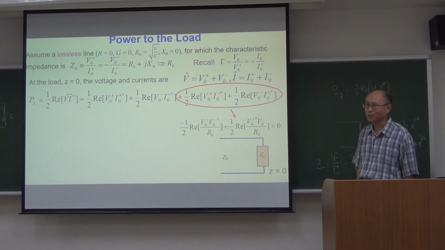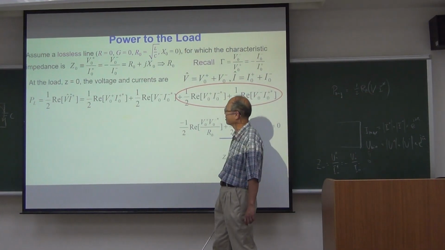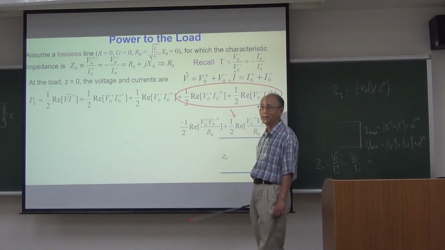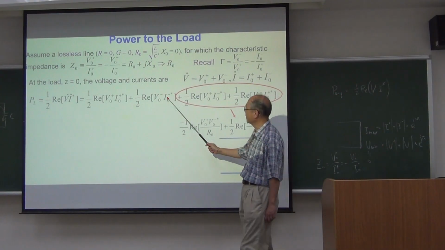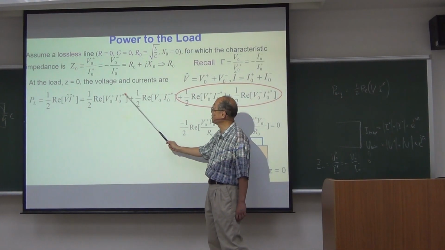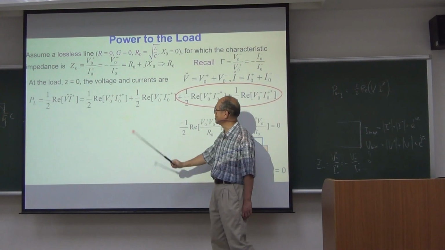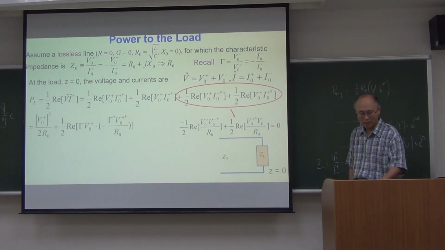So the cross product term will go away, and what is relevant is just these two terms. Okay. And again, you can convert these terms to V plus I plus by using this relationship and also this relationship as well.